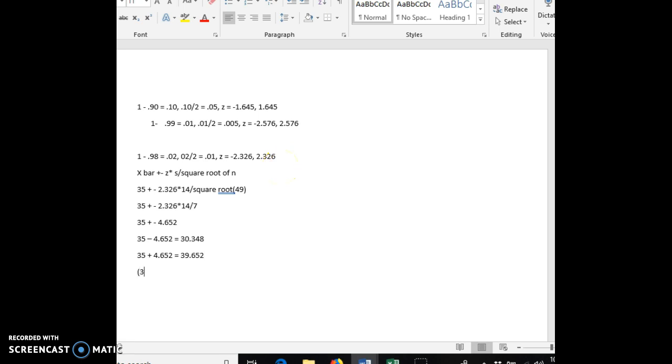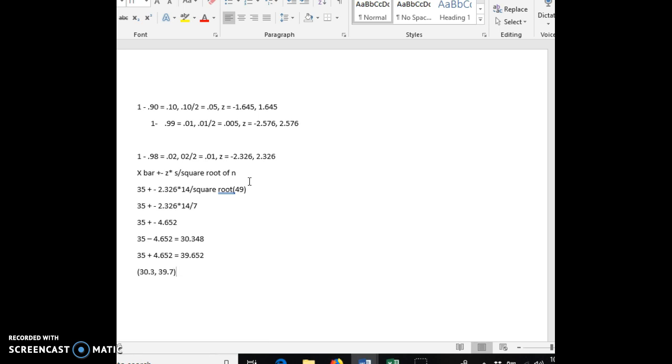So my confidence interval goes from 30.348, and since our original data was to the whole number, we will go one decimal place out, so 30.3 to 39.7 if we round that.